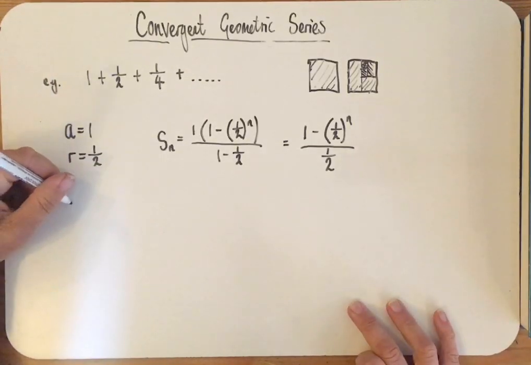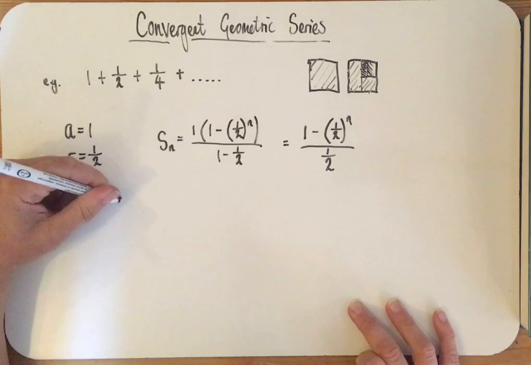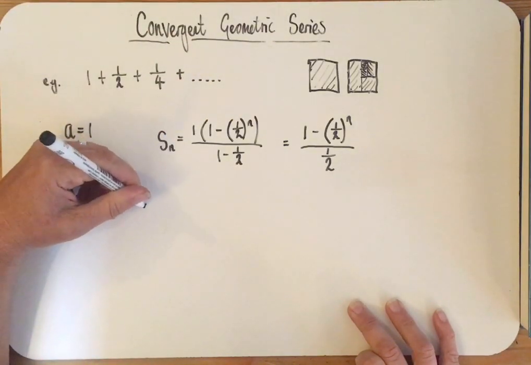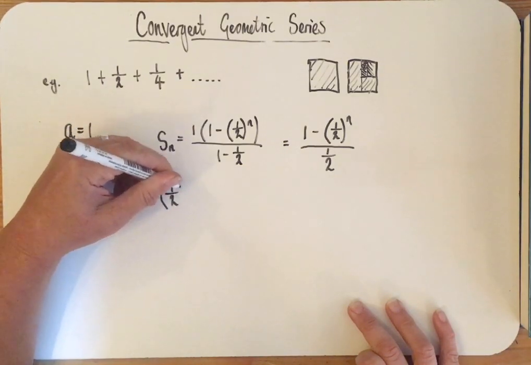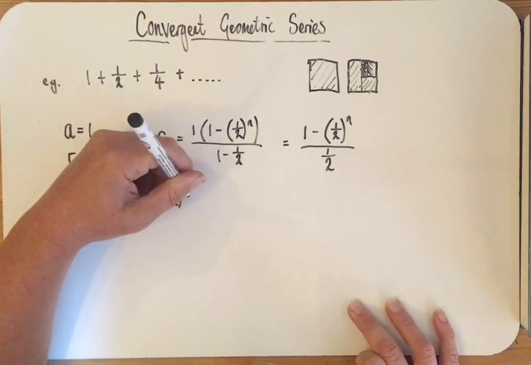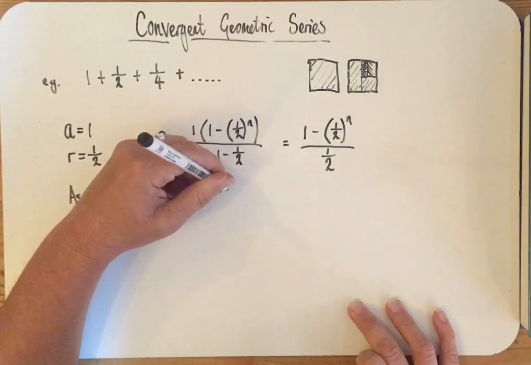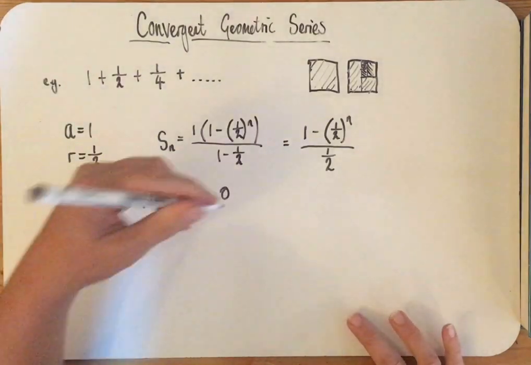As n approaches infinity, so this is an infinite series, then you should be quite happy with a half to the power n approaches 0. So a half times a half times a half times a half, you're going to approach 0 relatively quickly actually because it's exponential.